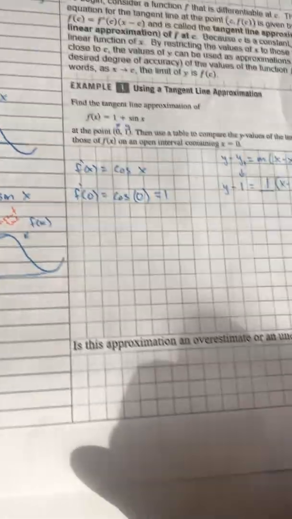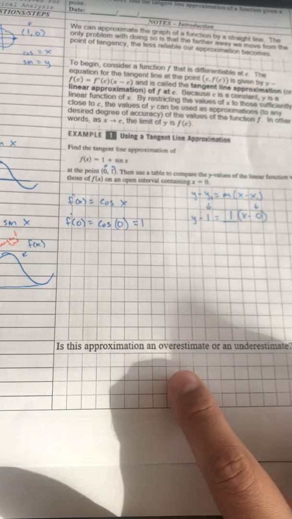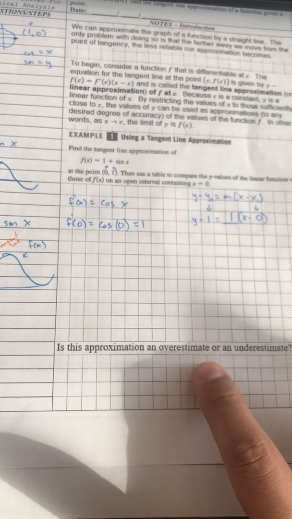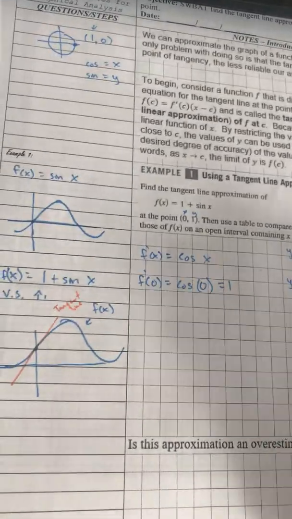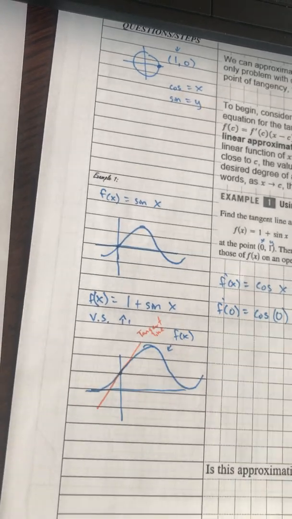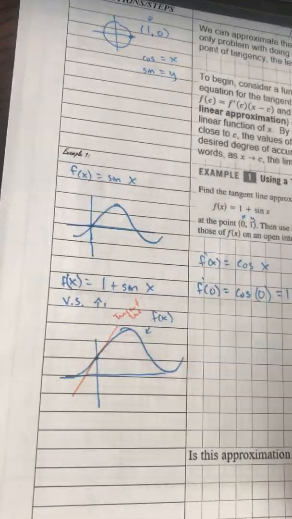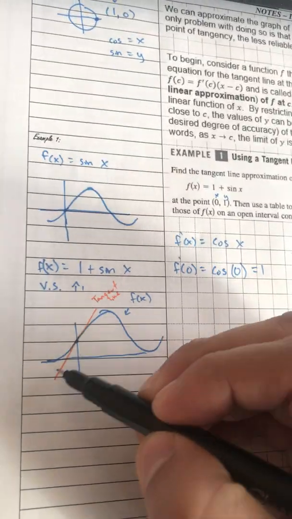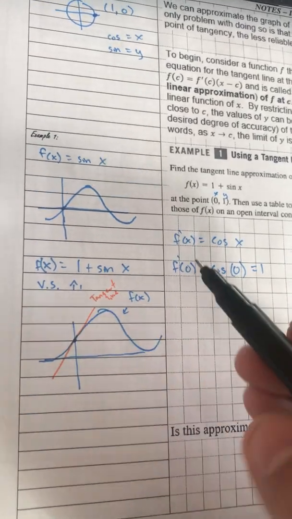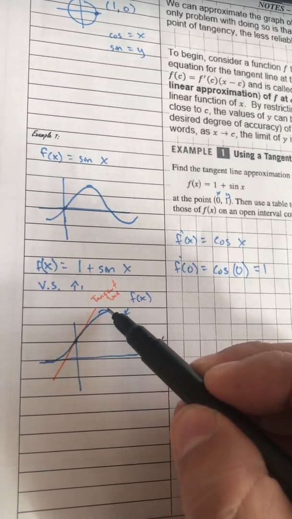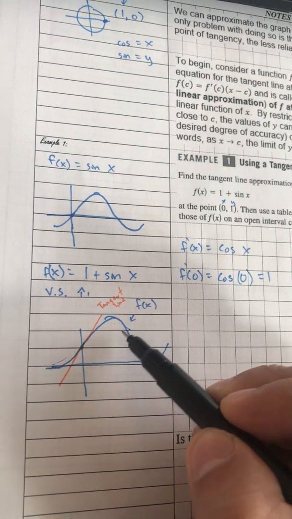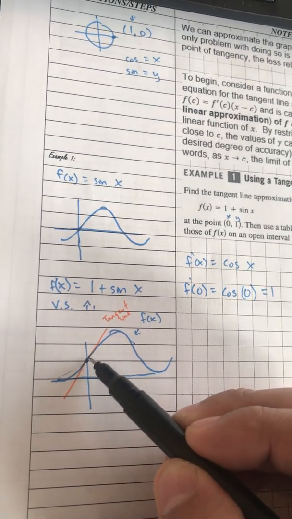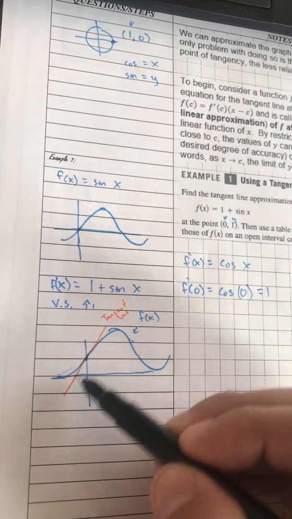But if we go back to this question, is the approximation an overestimate or underestimate? Well, let's take a look at that. I want you guys to think about it. This tangent line, that's what we're estimating. So we're estimating this one, f of x. If you look at that point, the tangent line touches at that one point.